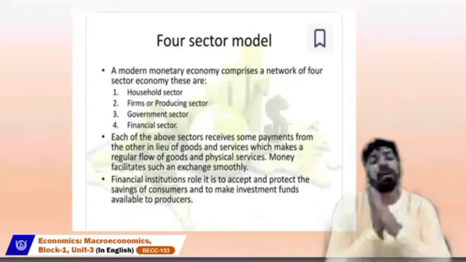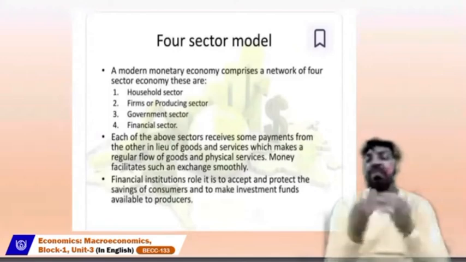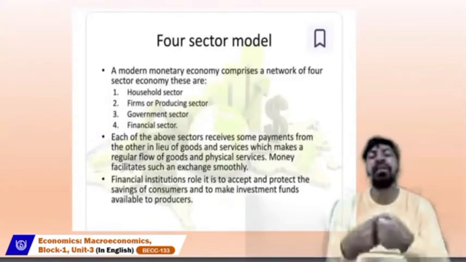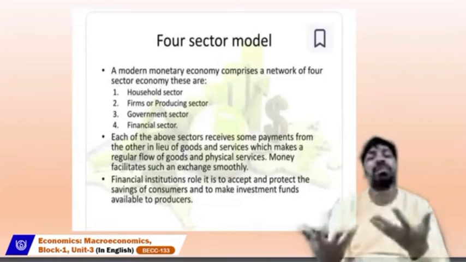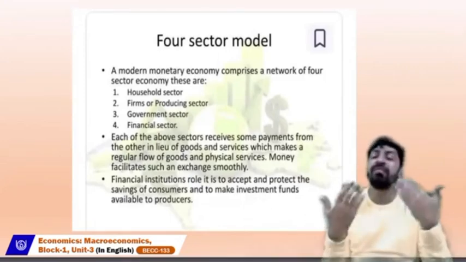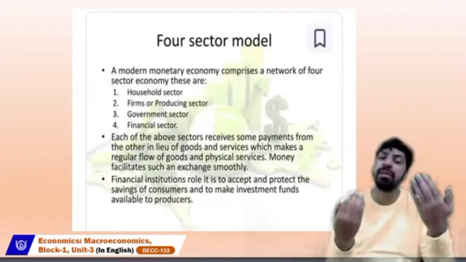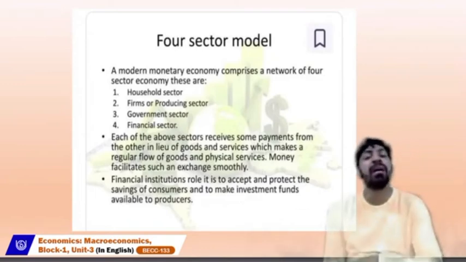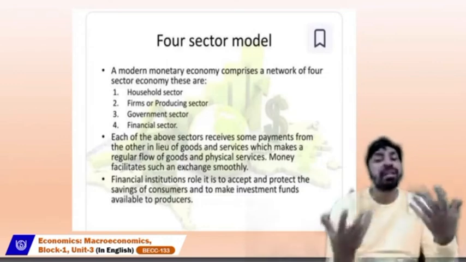Households also work, producing for money. Firms also expect to produce or sell goods and services for money. The government's role is to collect money from the organizations or the households, and then ultimately spend the money for them.